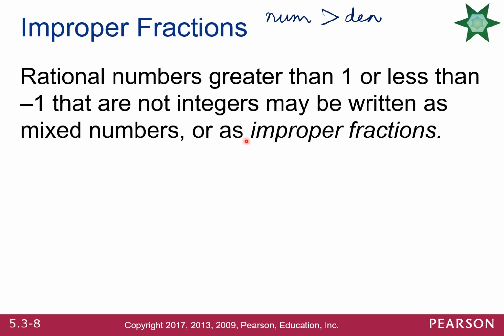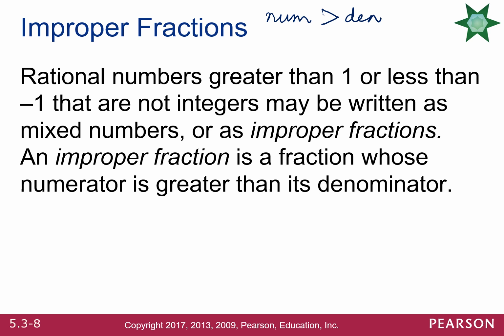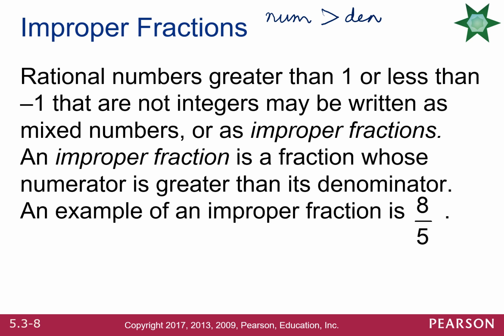When we get rid of the integer part and convert it to a pure fraction, we will always end up with an improper fraction, in which the numerator is greater than the denominator. So an improper fraction is a fraction whose numerator is greater than its denominator. An example of an improper fraction is 8/5.